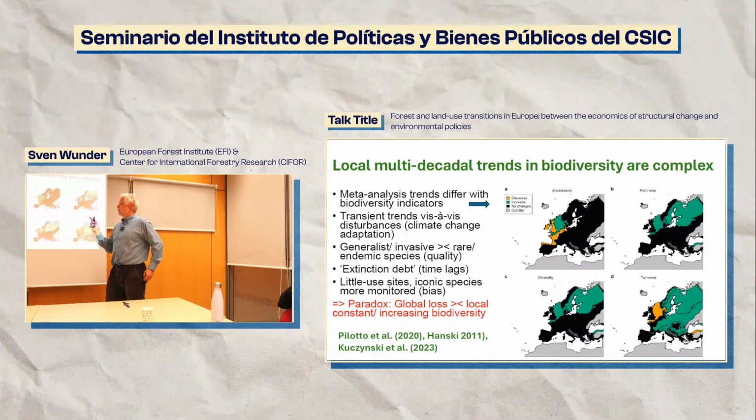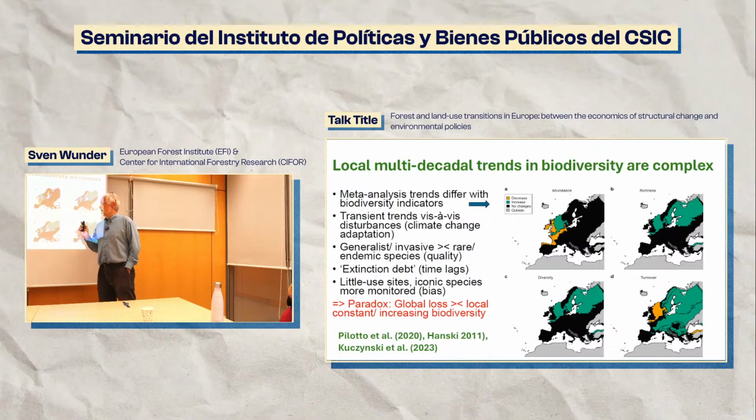And also, a lot of the data we have are often on birds, because bird watching is an important activity and because it's relatively easy. But a lot of the monitoring is in protected areas, in sites with relatively little human activity, if we look at the long-term picture at least.